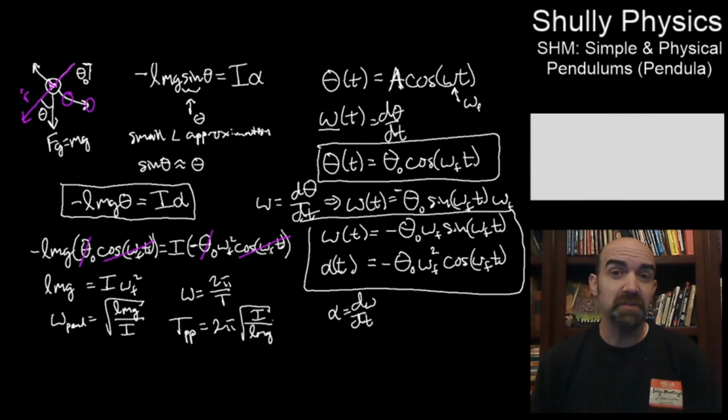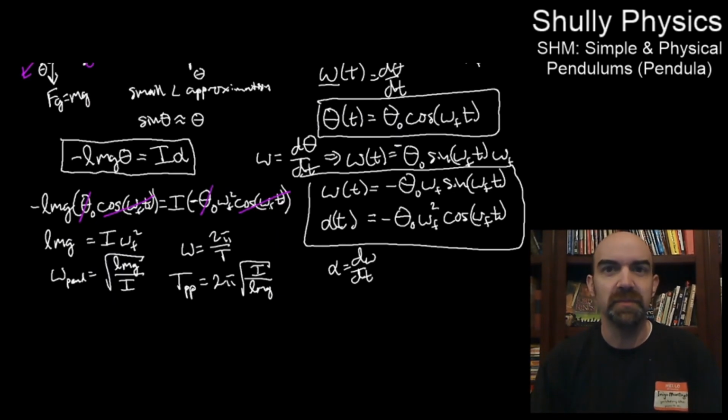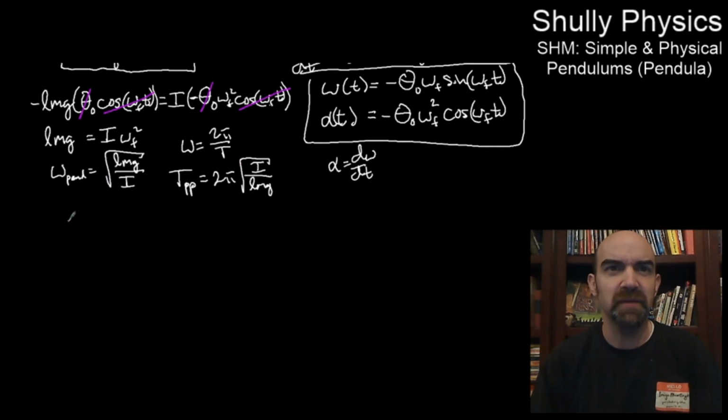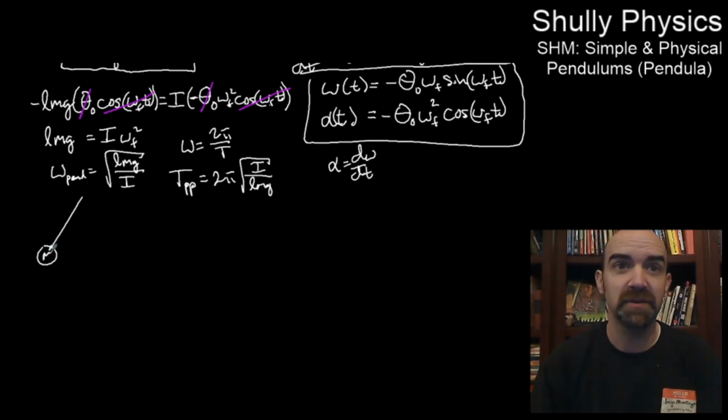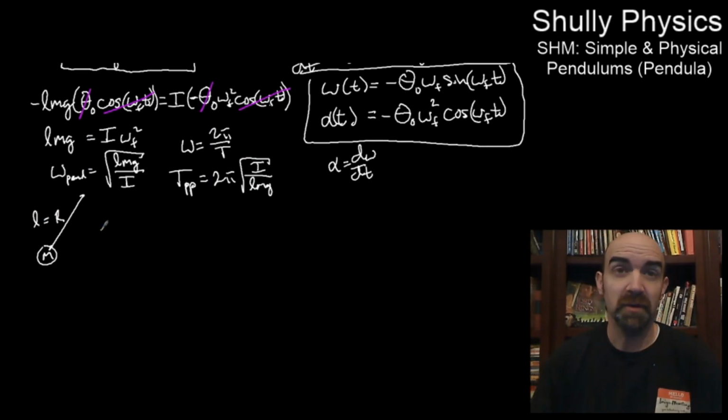Now, how does this apply to a simple pendulum? On a simple pendulum, what is the I value going to be? Well, we have a mass at the end of a string. Okay, so here's the M. And since this rotates out here, you might call this the R value. So R is equal to the length L. And we do have a point mass.